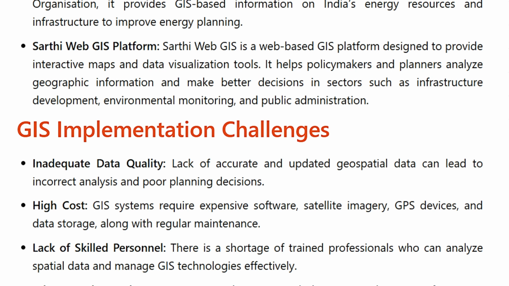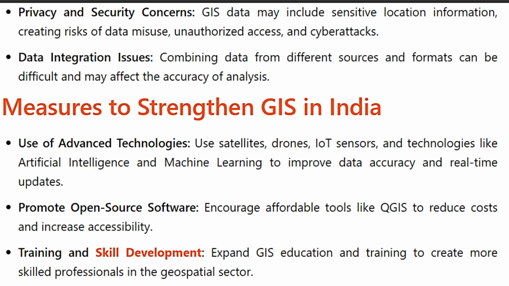There is a shortage of trained professionals who can analyze spatial data and manage GIS technologies effectively. Privacy and security concerns. GIS data may include sensitive location information, creating risks of data misuse, unauthorized access, and cyber attacks. Data integration issues. Combining data from different sources and formats can be difficult and may affect the accuracy of analysis.